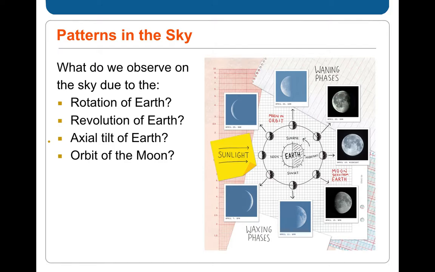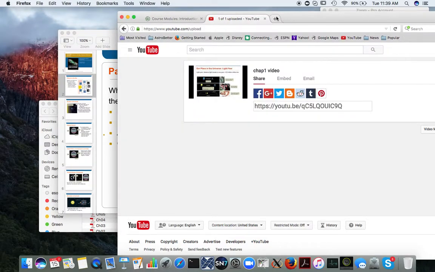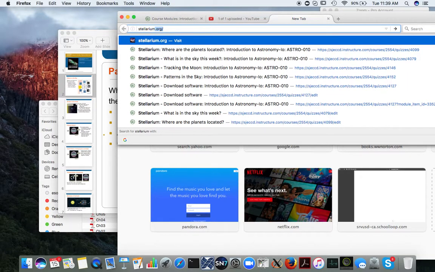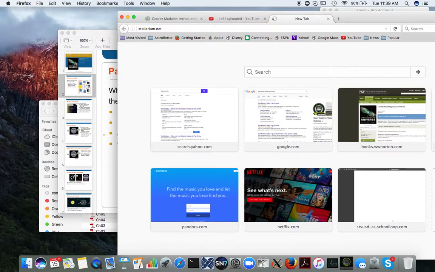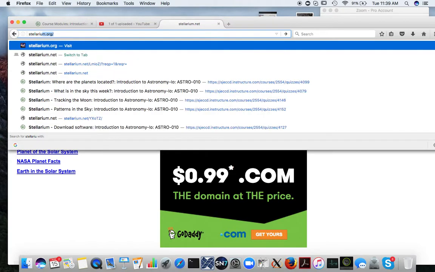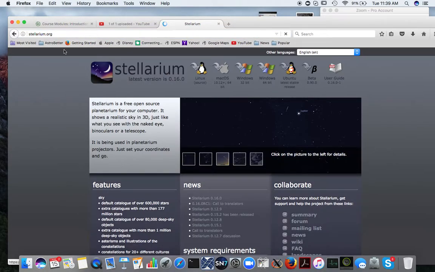As a reference, if you are following this, I would recommend you download this free of charge software, Stellarium.org.